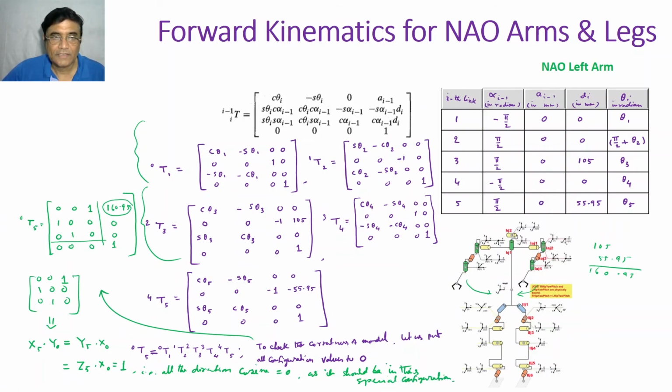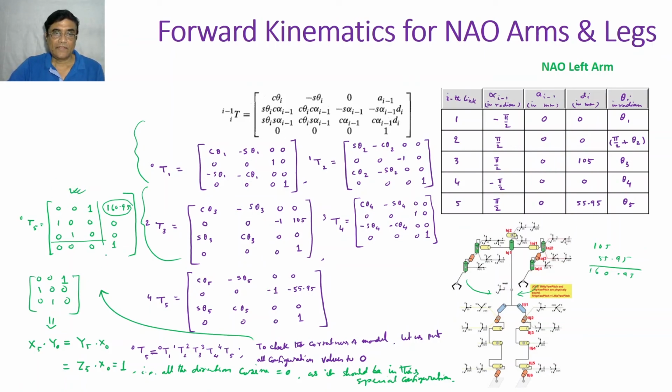Okay, so that's great. You have put in some effort and just multiplied, and the multiplication will not be that difficult because you are putting all the theta 1 to theta 5 values to 0. That means cos 0 will be 1 and sin 0 will be 0, so the matrix will be much simpler and the multiplication easier, and you should get a matrix like this.